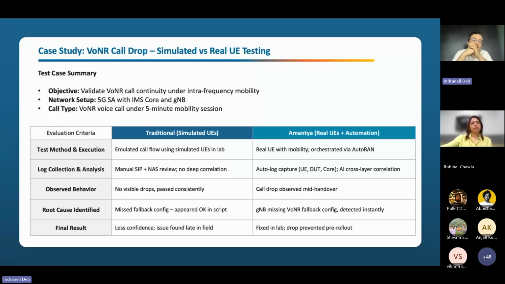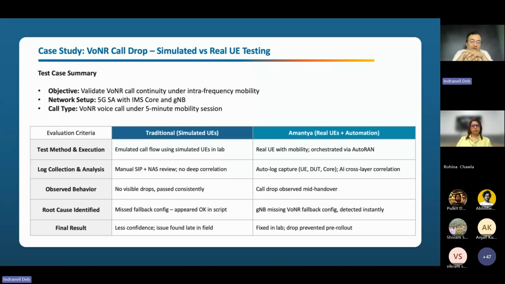The first test case was the validation of a VoNR call. This was a scenario where we had a 5G SA setup with an IMS core and a G-Node B, and we were making VoNR calls, and there was a handover happening while the call was in progress.